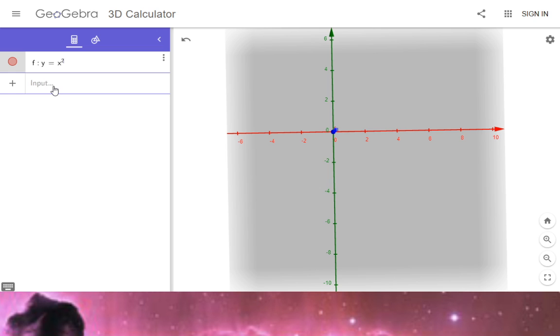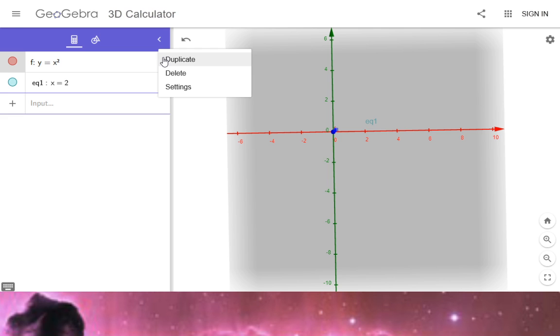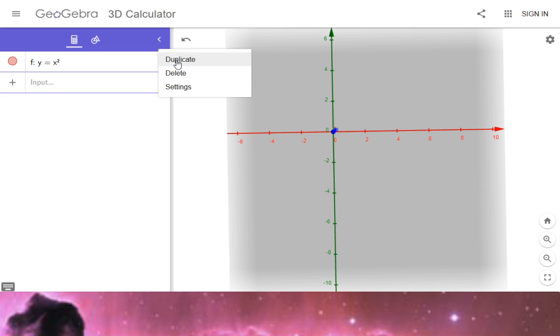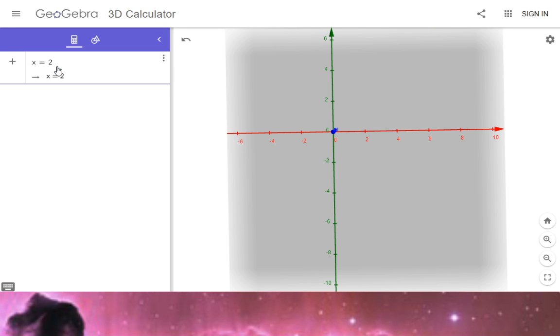Input. Let's try x equals 2. Let's see. Delete. Duplicate, delete. Oh, damn it. Delete. Let's try x equals 2.